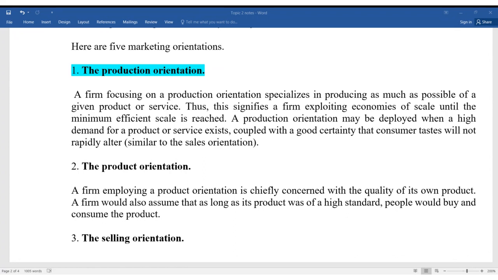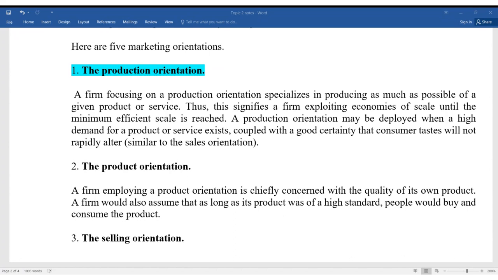So the marketers' role is to ensure ready availability of the product and affordability. One marketer's role, as far as this is concerned, is to ensure efficiency in distribution.